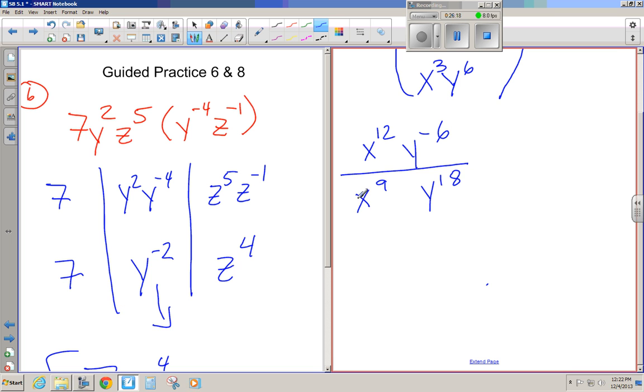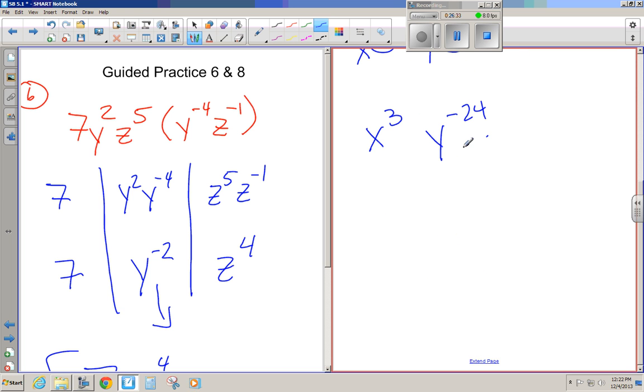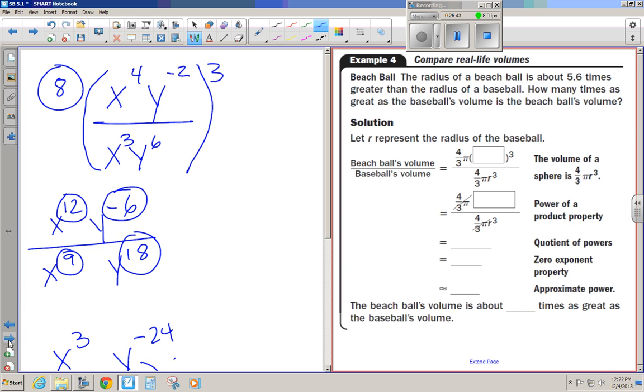I'm looking at x to the 12th and x to the 9th. Well, looking at these numbers here, we subtract. Looking at these numbers here, we subtract. A negative exponent goes on the other side. And you have now used all of the properties. All right, we're almost done.